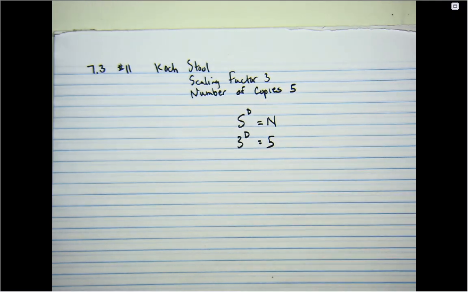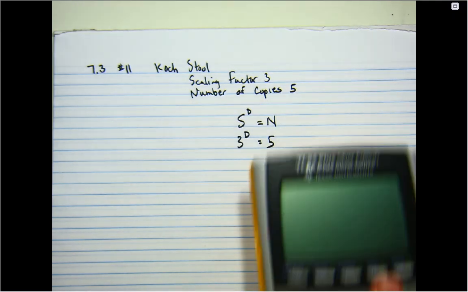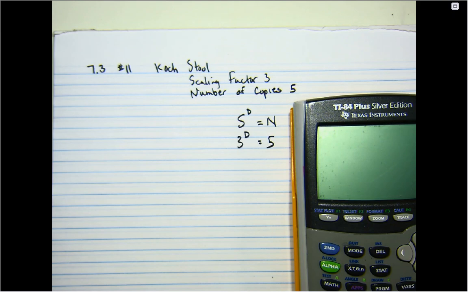And then you can use your calculator and work to find out what that dimension is. So it's bigger than 1 because 3 to the 1 is 3. And plus you can see it's more than a line. But it's not 2 because 3 squared is 9. So it's not 2-dimensional. It's somewhere between 1-dimensional and 2-dimensional.